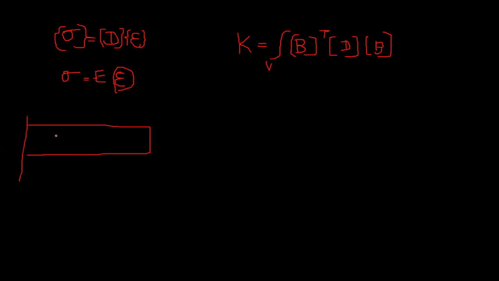So dV is, so this is a bar element. So if we take a small element, it will be like this, right? So this is area A, and this length is dx. So we can write dV as A into dx, because your area does not change with the length, right?